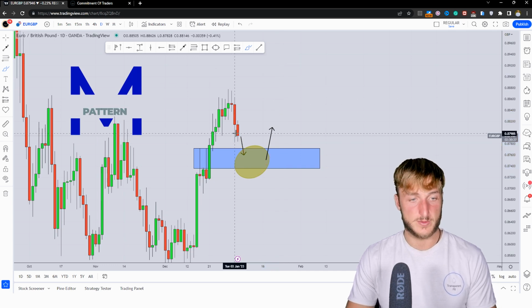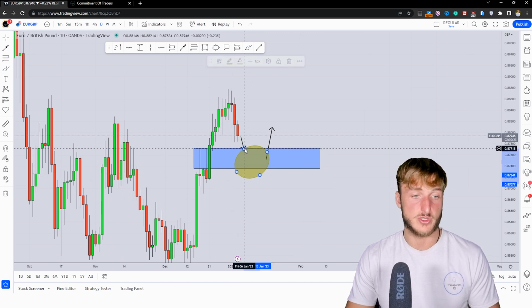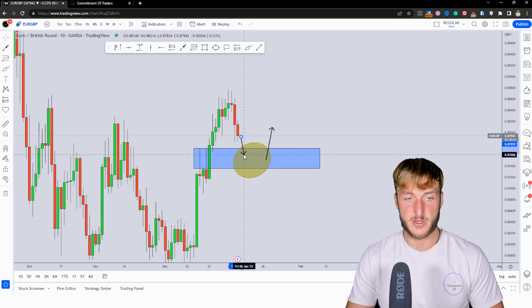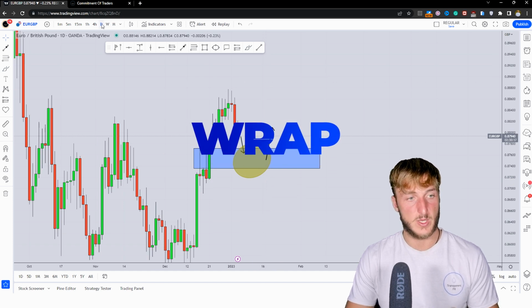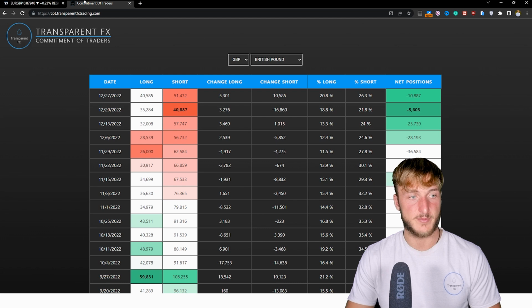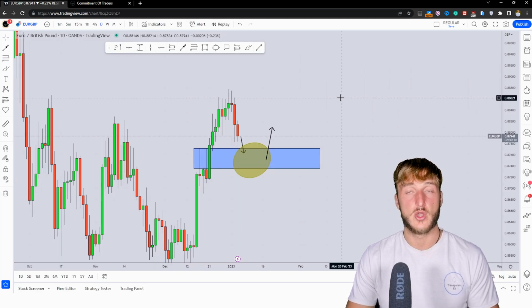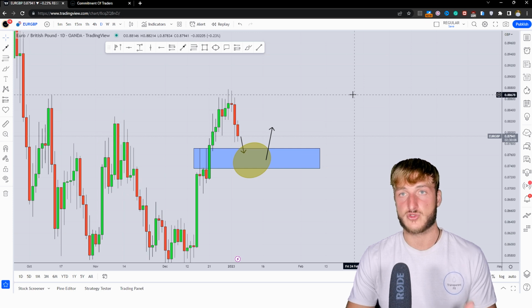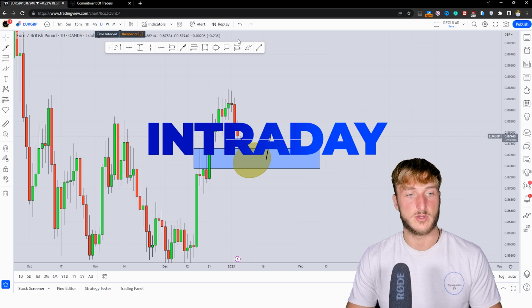So if the market will approach this support zone, how could we be approaching on our side a potential rejection higher? Well, as usual, trading is reactive and not predictive. The monthly, weekly, and daily combined with the COT data, those are the best time frames from a directional perspective. However, when it comes to confirmations and entries, the best time frames are the intraday time frames, so 4 hour and lower.